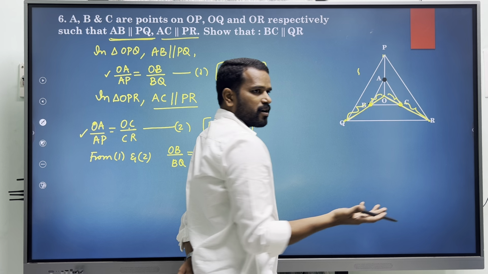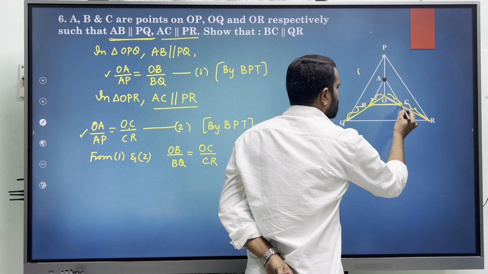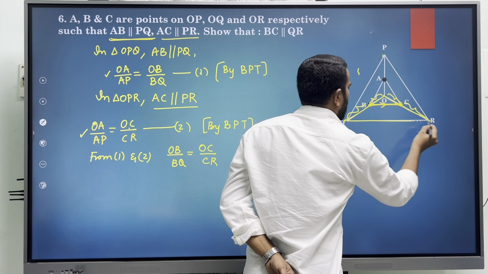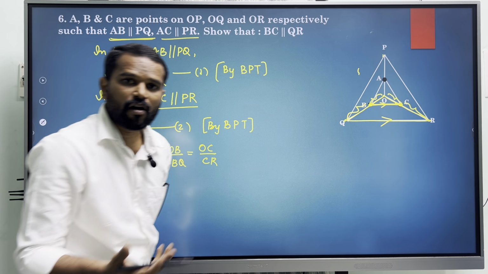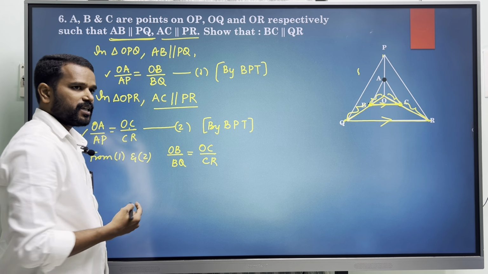So these ratios are equal, which means BC should be what? Parallel to QR. This is by the converse of the basic proportionality theorem.